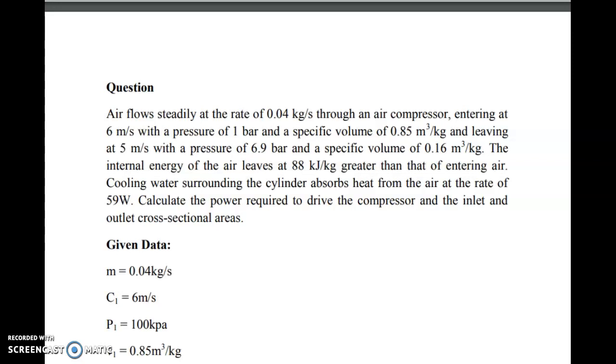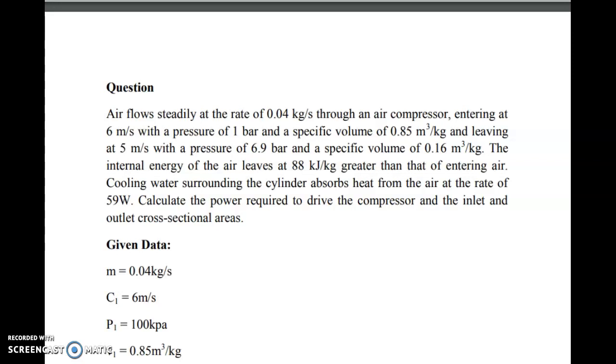Other than that, they have given the heat transfer. If the compressor is operated continuously, heat will be generated, right? That heat has to be removed from the compressor, or otherwise the heat may damage the parts of the compressor.